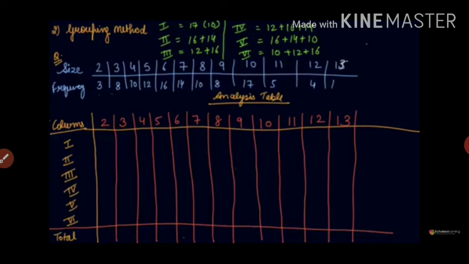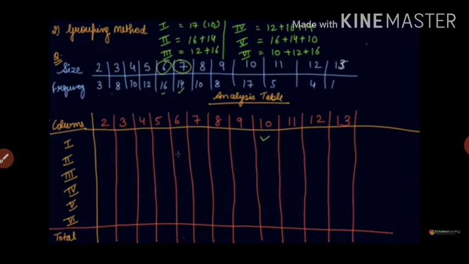Now, in the first column, we had 17 as the highest frequency, and that was corresponding to the size 10. So we will take 10 in the first. In the second column we had 16 plus 14 as the highest frequency, right? So 16 and 14 are corresponding to 6 and 7.